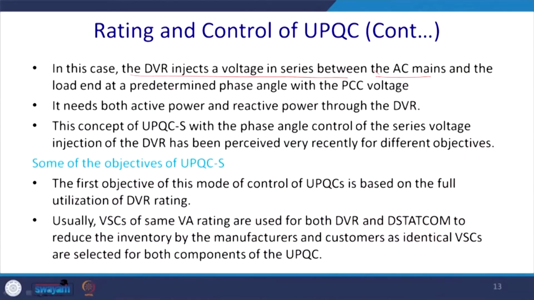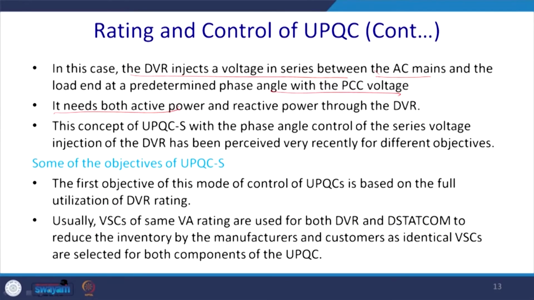In this case, the DVR injects the voltage in series between the AC mains and the load end at a predetermined phase, and that will optimally compensate the rating with respect to the PCC, not exactly in phase or in quadrature. It is some optimal angle that is required to be calculated.